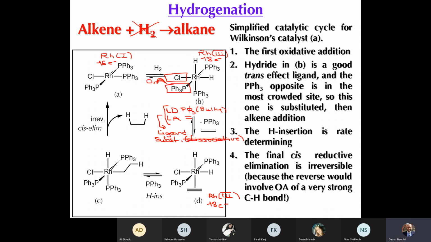Okay. Pay attention that we have alkene that should be transformed to alkane. That means we have to break the double bond. The double bond or the unsaturated bond is broken in organometallic chemistry by one simple reaction, which is the migratory insertion.